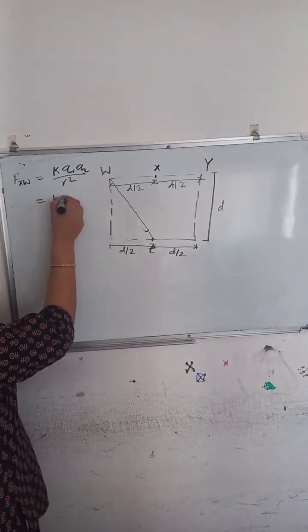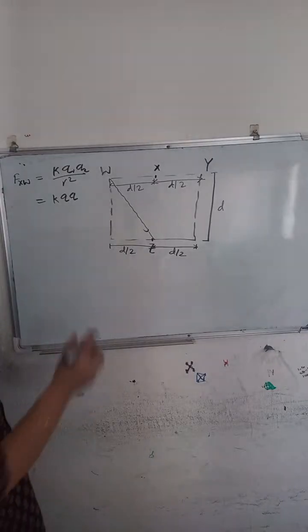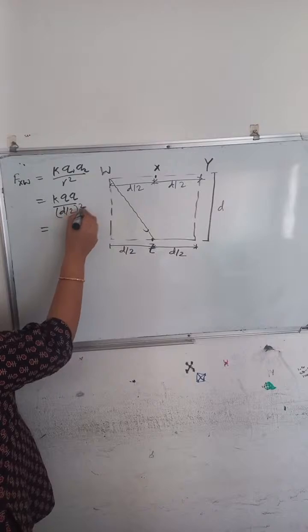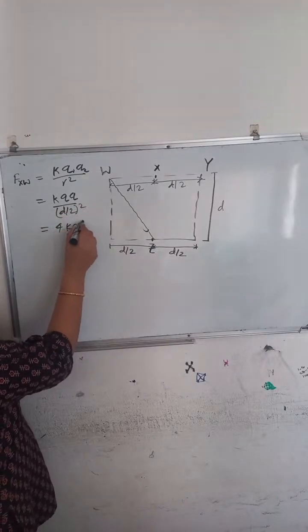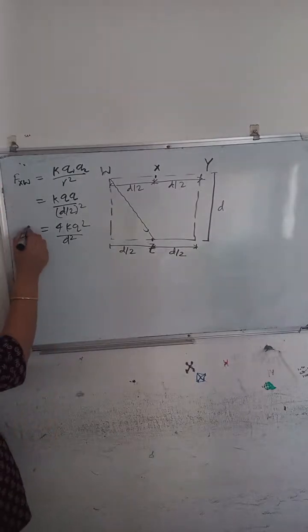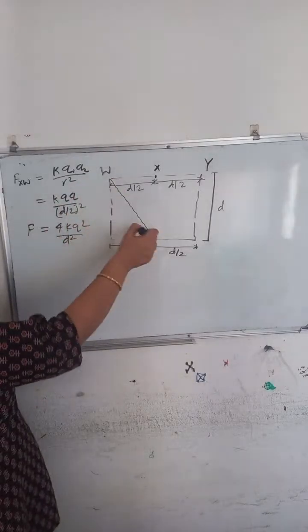So we can write kQ into Q, because they are only saying the charges are the same, and the distance is d by 2 whole bracket square. So 4kq square by d square is the force, and this force they are saying is F. Can you get my point?